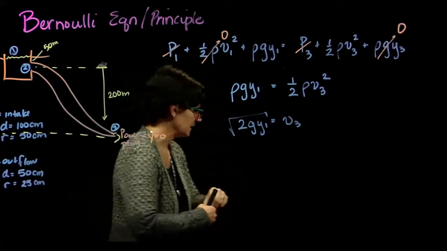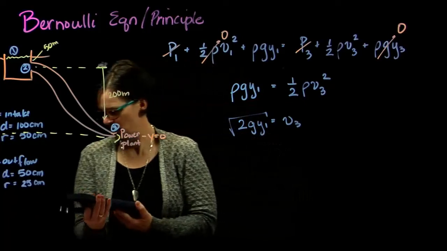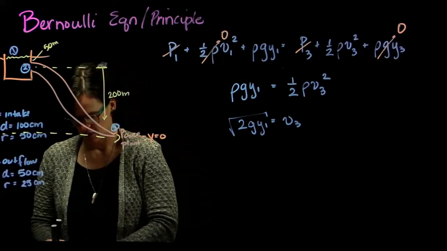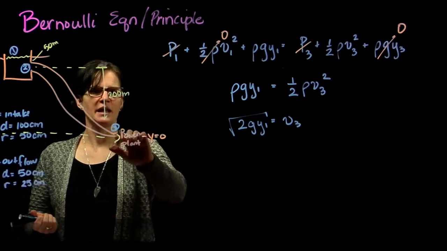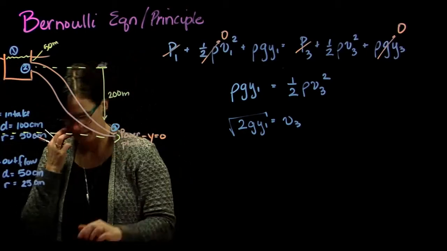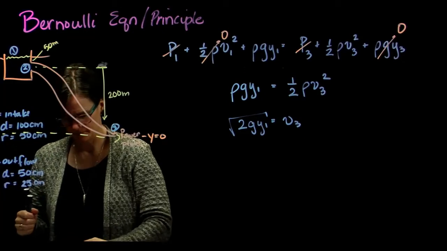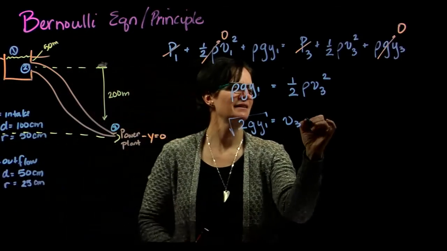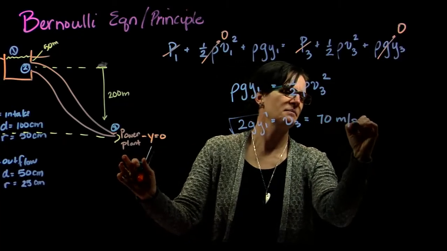When I look at that, and I have my calculator over here, what information do we have? Well, 2 times gravity, 9.8, and what's my height? Well, I have 200 meters to the inlet and another 50 meters. And if I take the square root of that, we get our speed at the bottom of 70 meters per second.